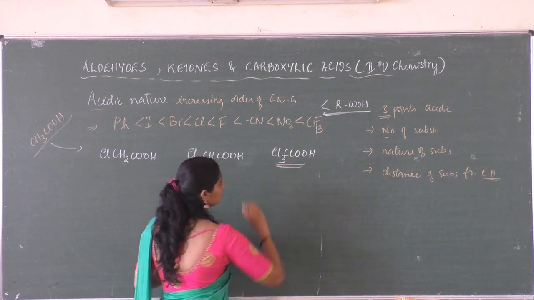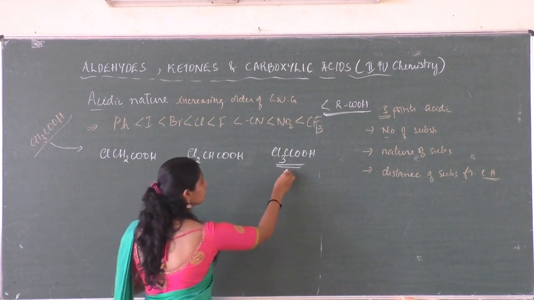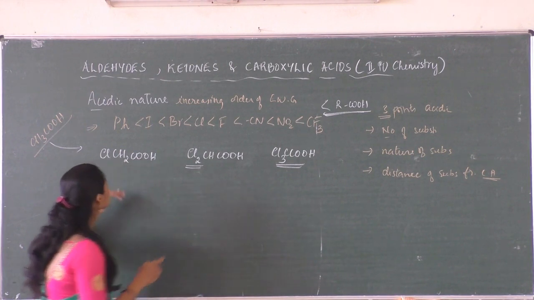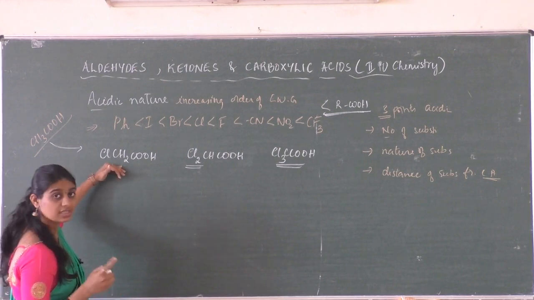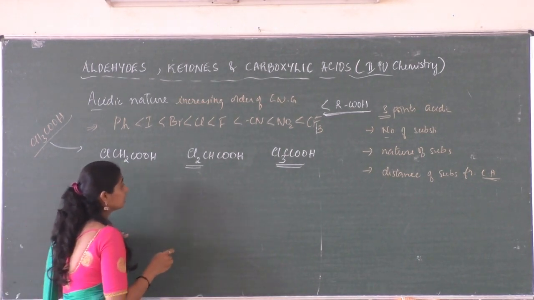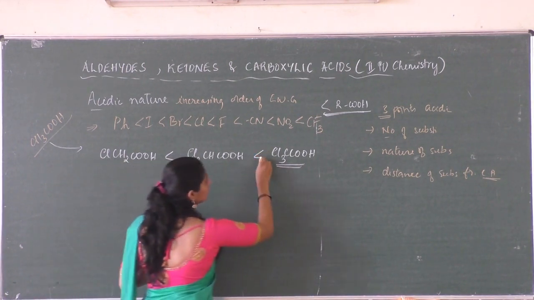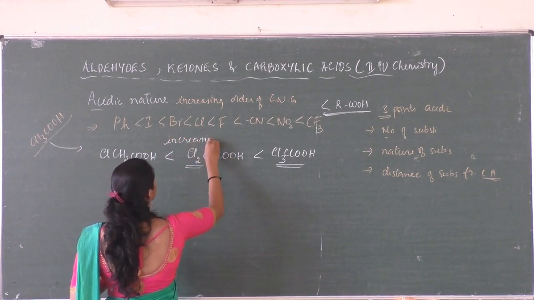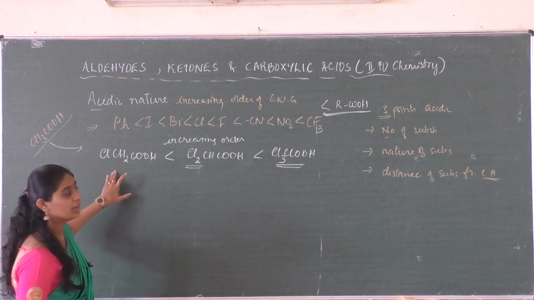The carboxylate anion that is formed by the removal of a proton will be more stable in this case comparing to that of this, because it consists of 2, and the minimum acidic character will be shown by this compound, since it consists of only 1 chlorine atom. So the acidic character in the increasing order will be: this is less acidic comparing to this molecule, comparing to this. So this is about the number of substituent.